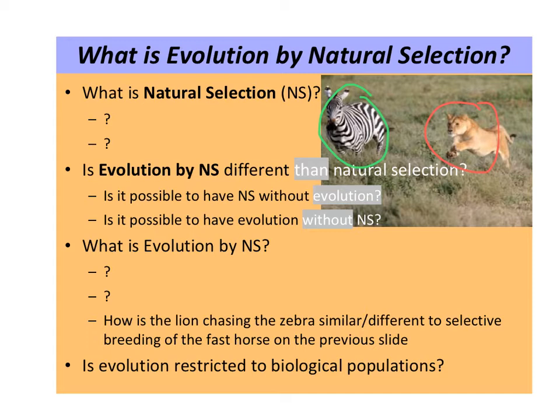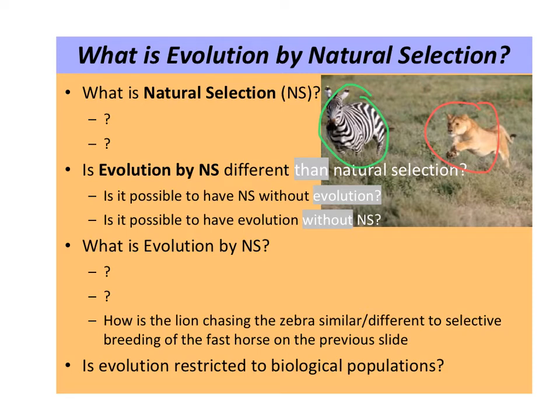And you already know this from Darwinian snails. So what is evolution by natural selection? How is a lion chasing the zebra similar or different to selective breeding of the fast horse on the previous slide? The only difference is, instead of me or a breeder selecting, it's the natural environment.